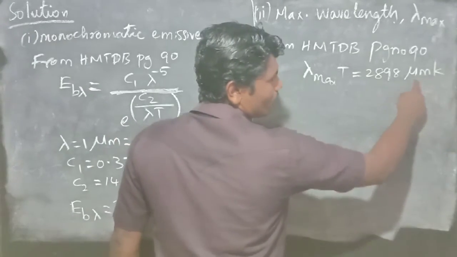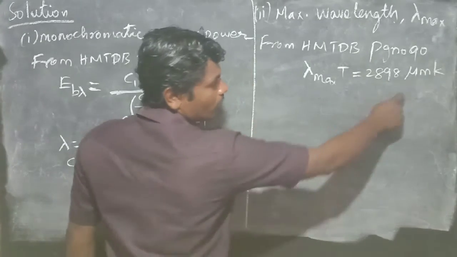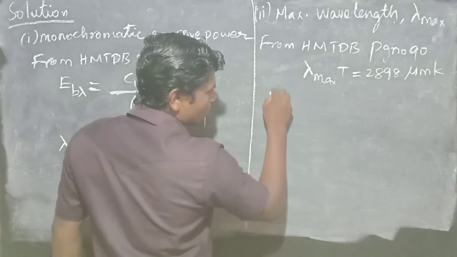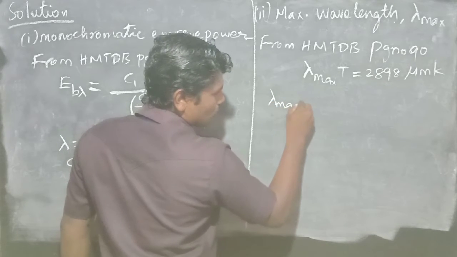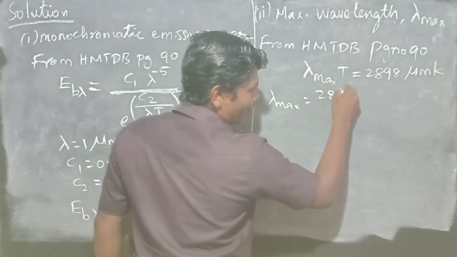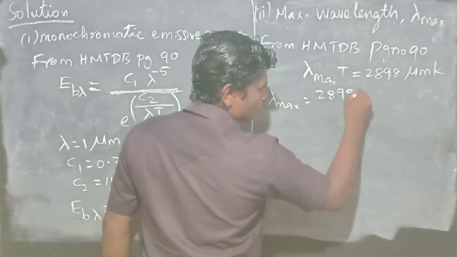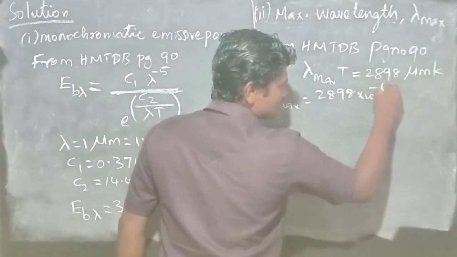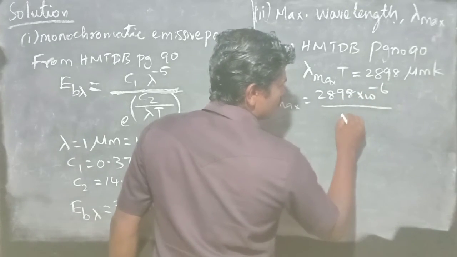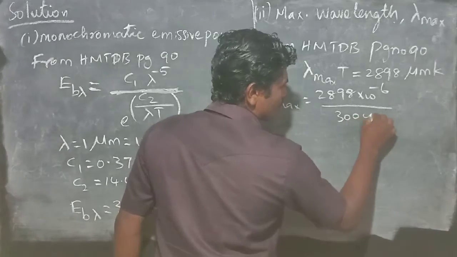We need to convert the unit. Lambda max is equal to 2898 into 10 power minus 6 divided by 3000.